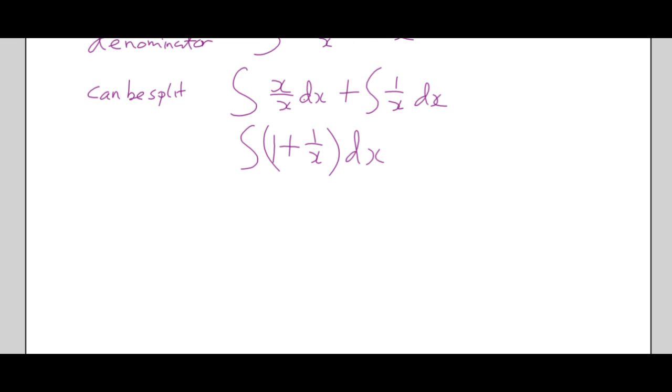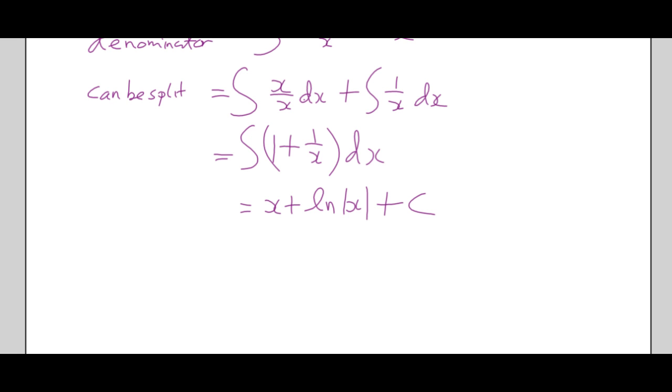And it's pretty easy to do the integral of that, right? The integral of 1 is x, and the integral of that is the ln of the absolute value of x. And we'll need a constant on the end. Okay, so nothing fancy there, right? If it's a monomial denominator, you can just split it up as a sum, individual parts, works out pretty easy.